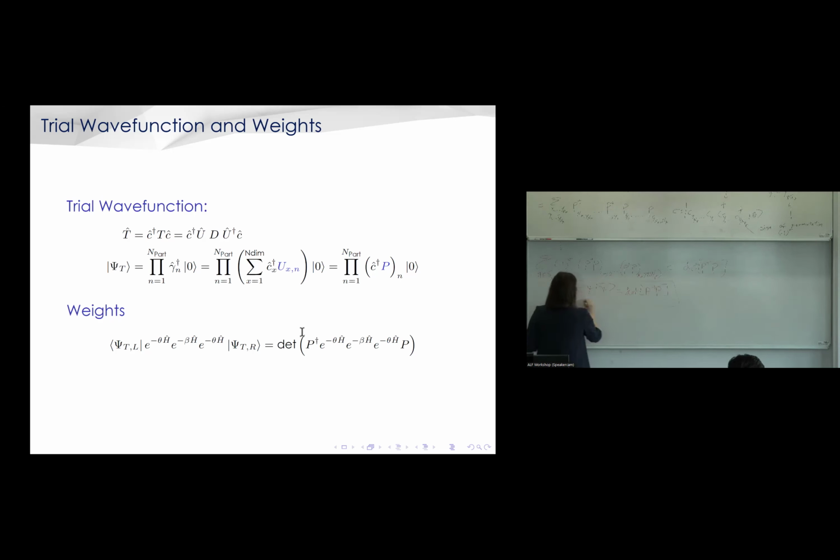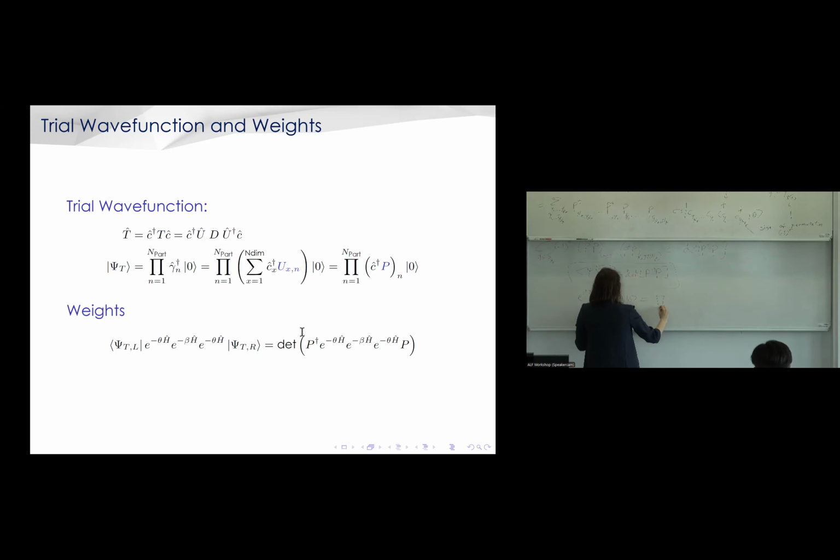And then the second formula, which I'm just going to list, but is important in order to understand this piece, is that if we have E to the minus T times C dagger TC times the product from n equals 1 to NP of C dagger P, just that state, that's equal to the product, but you can put the matrix inside.